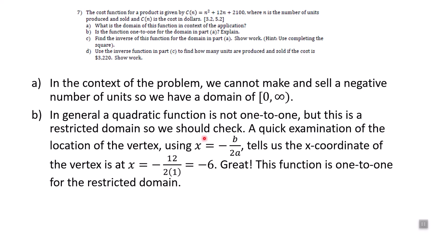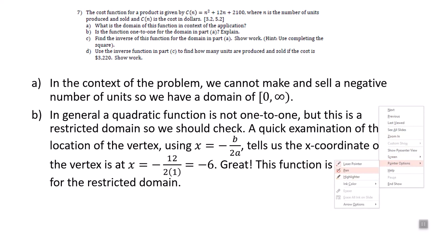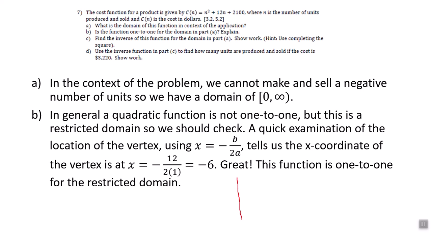So let's take a look at this. A quick examination of the location of the vertex: remember we could use x equals negative b over 2a, which tells us the x-coordinate of the vertex is at negative 6. Why do we care about that? If we have our axes, and over here at negative 6 is our vertex, and I don't know how high it is, I don't know where it is, but I know a parabola opening up will look like this.